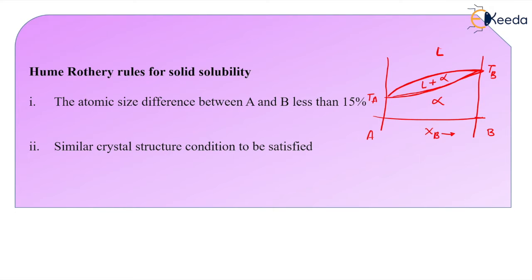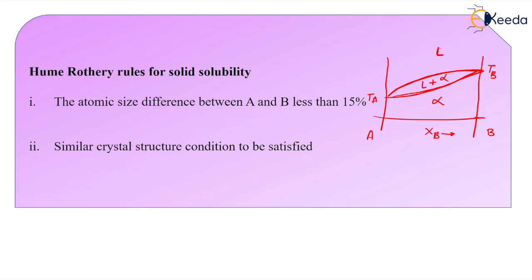So dear students, here are the two components A and B, and we are going to check the solid solubility for these two components. What are the rules which are very important for A and B to be soluble in each other?